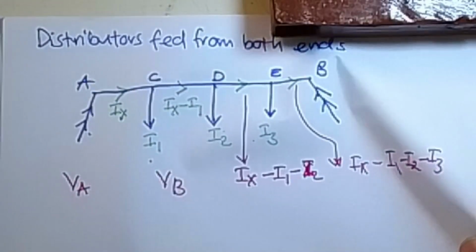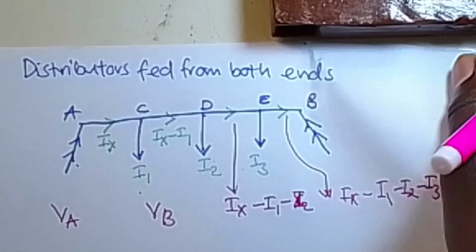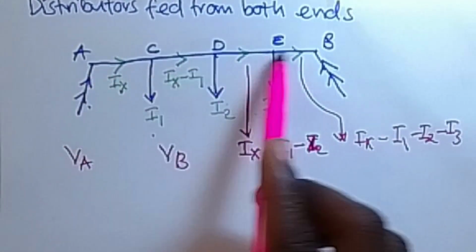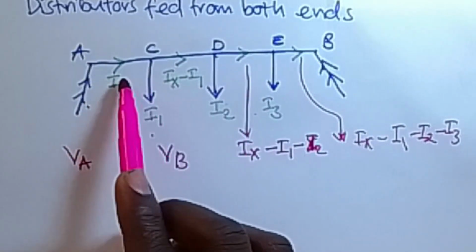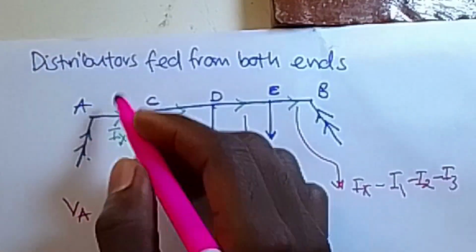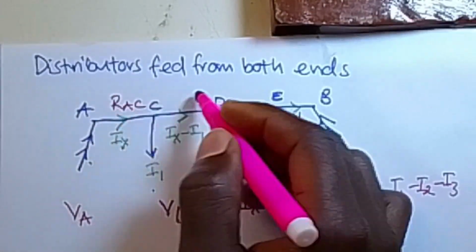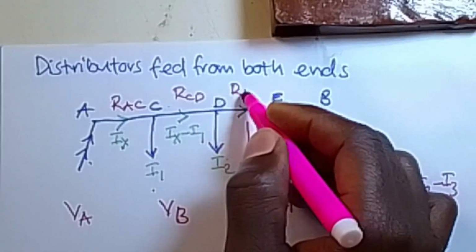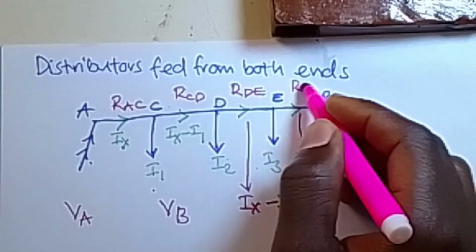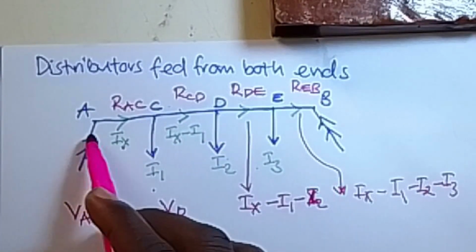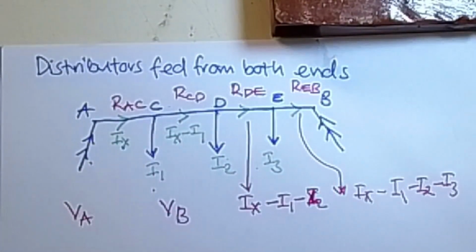So when we have these potentials VA and VB, a point is going to be reached whereby, after getting our resistances per section, let's say this resistance is called RAC, this resistance is called RCD, RDE, and REB respectively, we shall need to get the total voltage drop across this in order to calculate for Ix, the unknown current we have introduced.